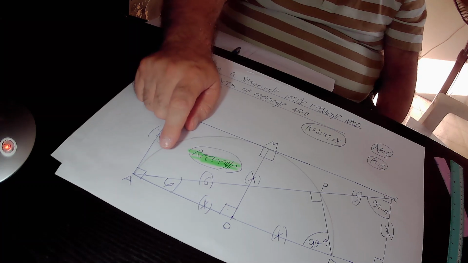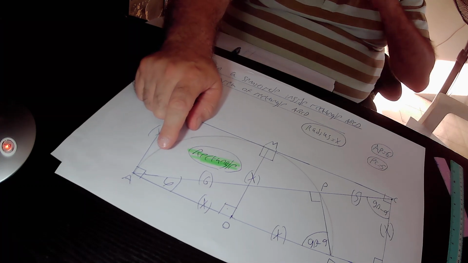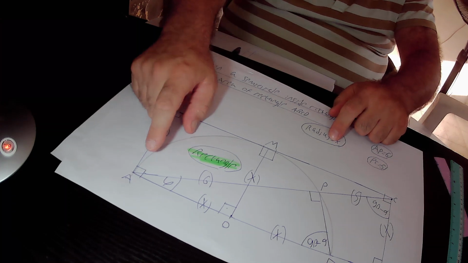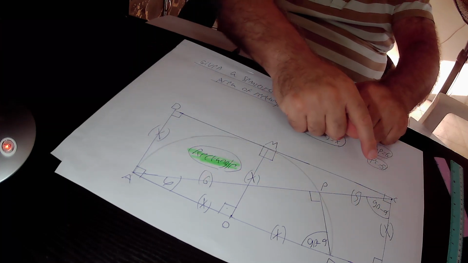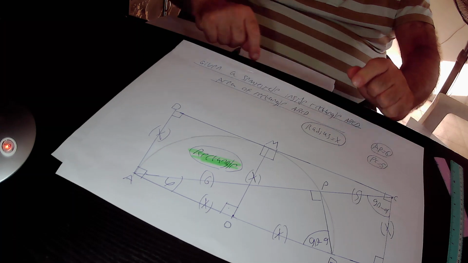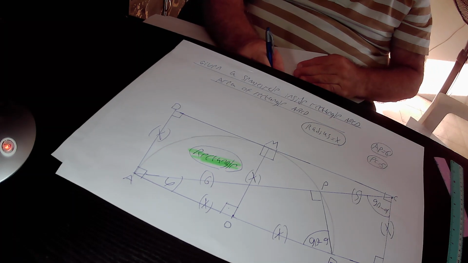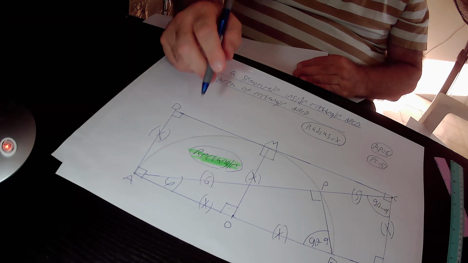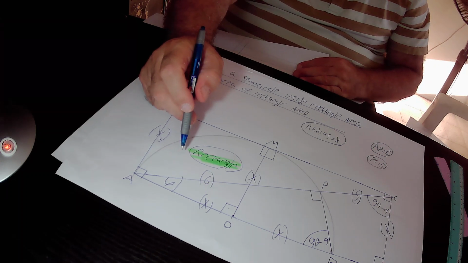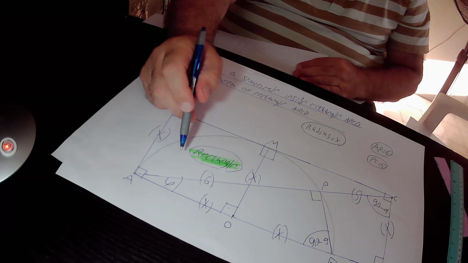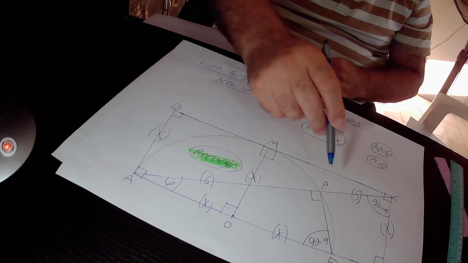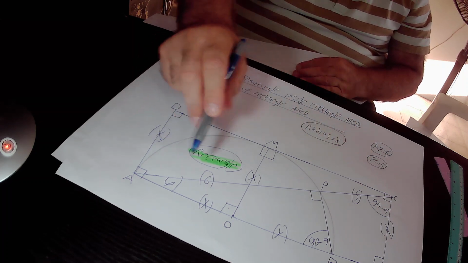If we relate to this angle A as it belongs to the right triangle ABC, it will be defined as angle CAB. And if we relate to angle A as it belongs to the right small triangle APE, it will be defined as angle PAE.